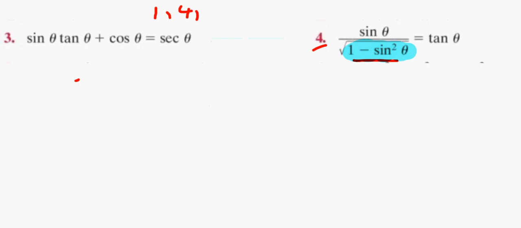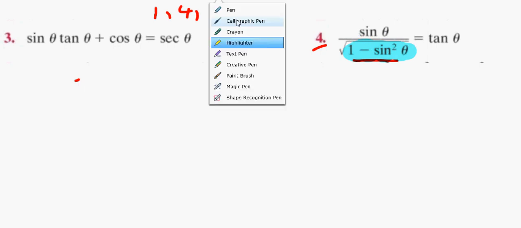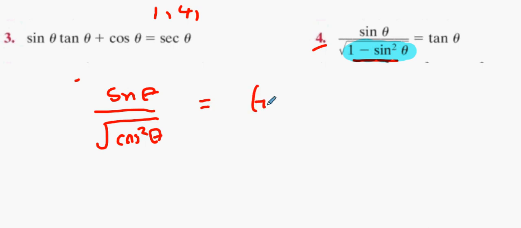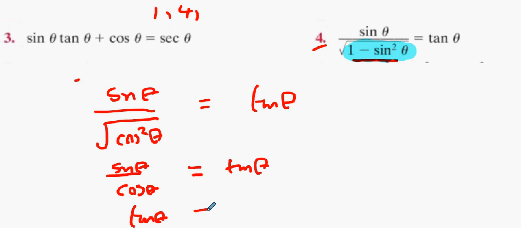Change that part for cos squared theta. Then when you square root cos squared theta, you get sine theta over cos theta equals tan theta. And then tan theta equals tan theta. So that's 1 and 4 done.